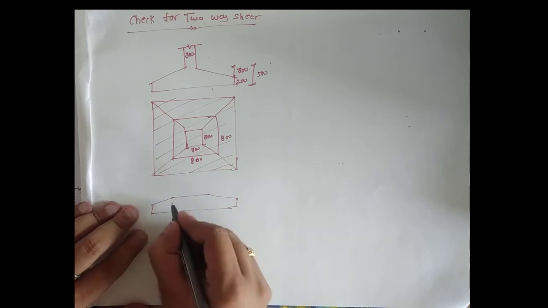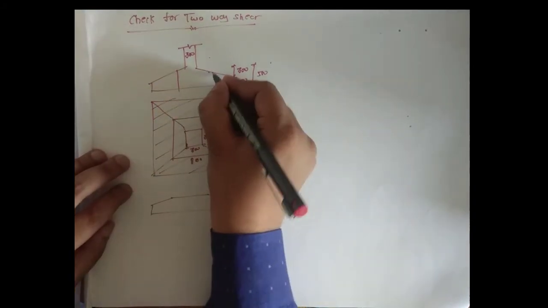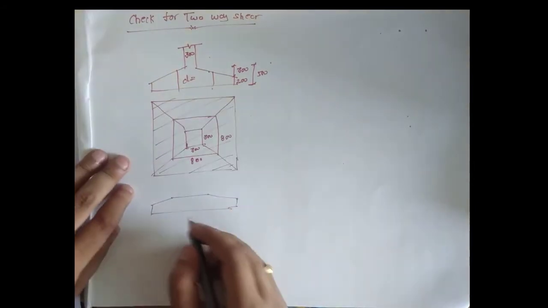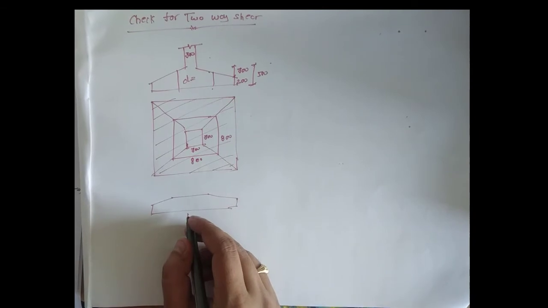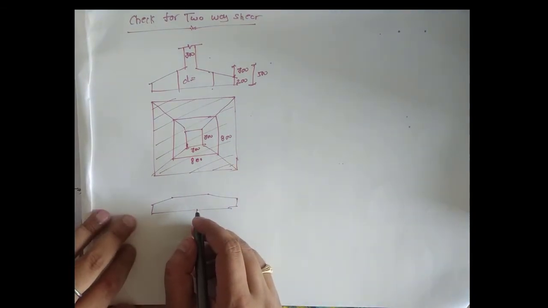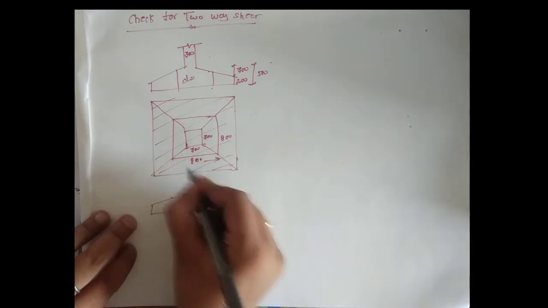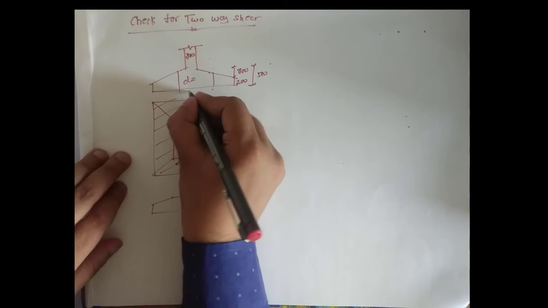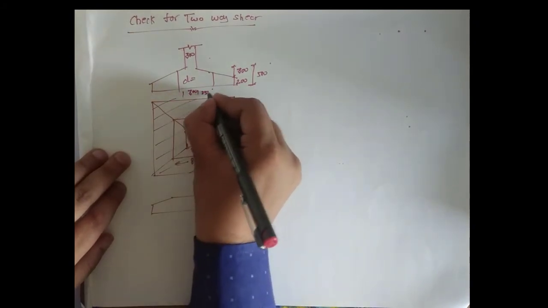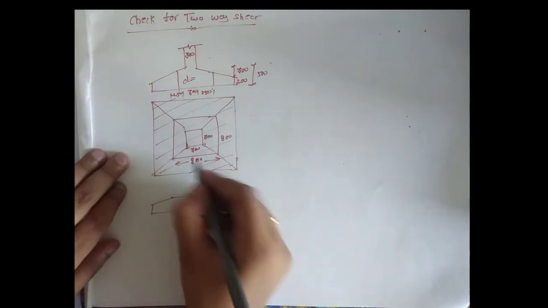Clear? So we need to calculate this D now. And how come we are taking it as this 800? You might have a question. So this 200, this 300, plus 250 and 250, so it is 800.